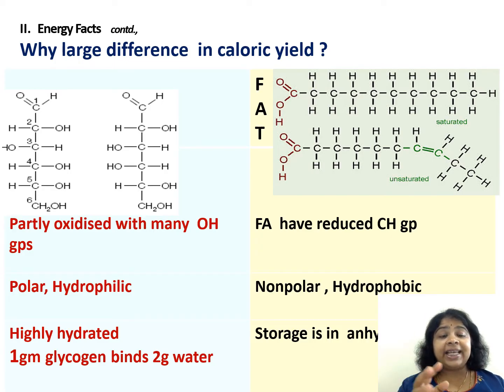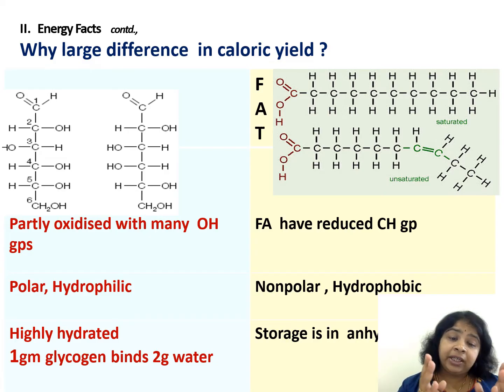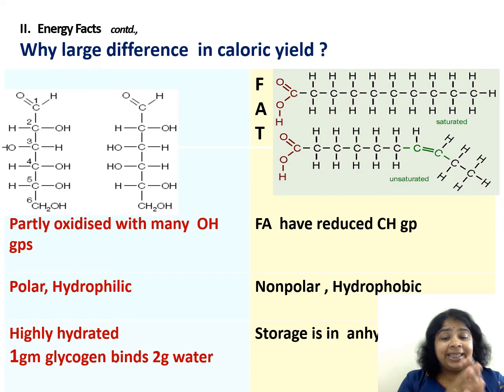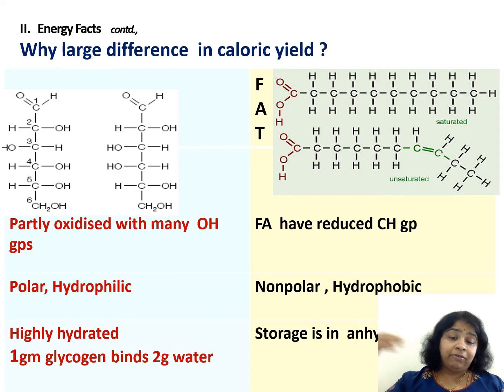That way the cell is able to store more triacylglycerol than glycogen. If we try to increase glycogen stores, the cell is going to burst because of the water that comes in along with glycogen. So there is a limit on the amount of glycogen that can be stored, whereas with triacylglycerol this limit is not there. That is why our adipocytes can increase, and the amount of fat that can be stored is very high. So you see people who have a lot of fat content in their body.